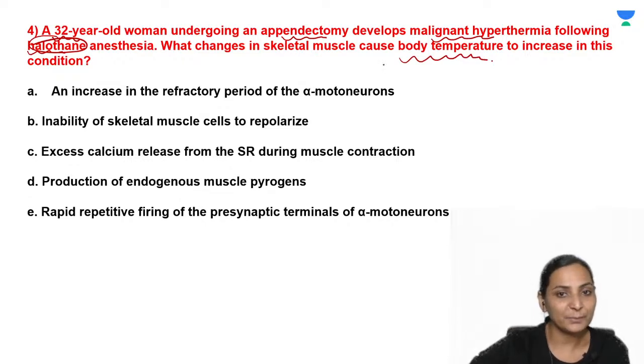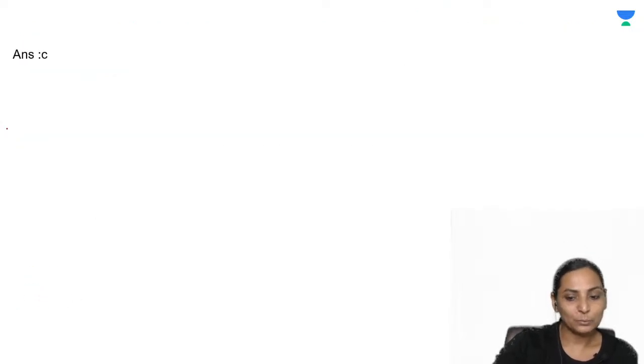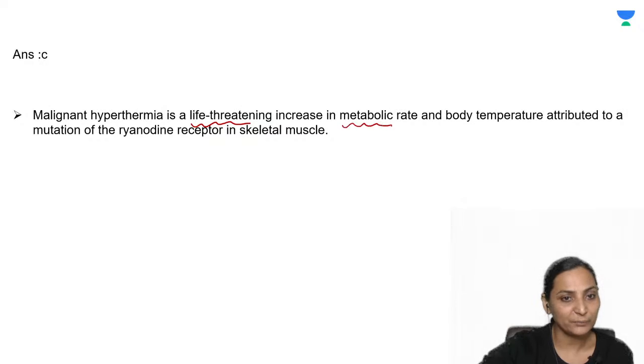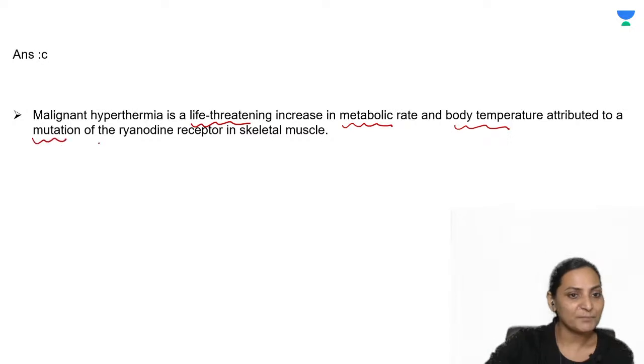So what is the clue given to us? That is, there is malignant hyperthermia and that is induced by halothane anesthesia, and therefore the correct answer becomes C. So you know that malignant hyperthermia, which is a life-threatening increase in the metabolic rate and body temperature, is attributed to the mutation of the ryanodine receptors in the skeletal muscle.